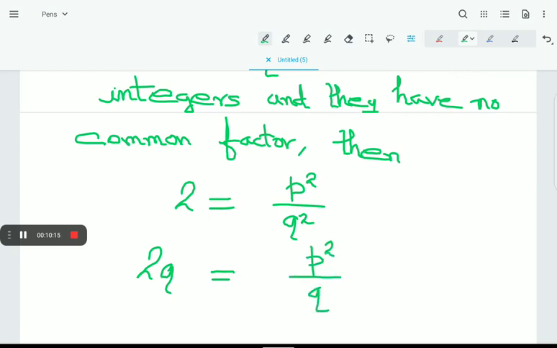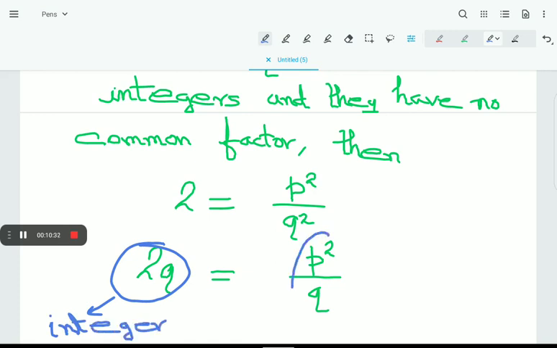We observe that q is an integer, so 2 into q is an integer. This is just an integer, whereas p square by q is not an integer.